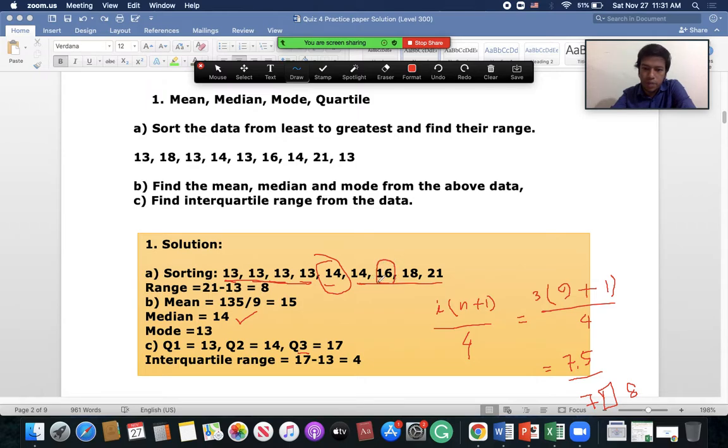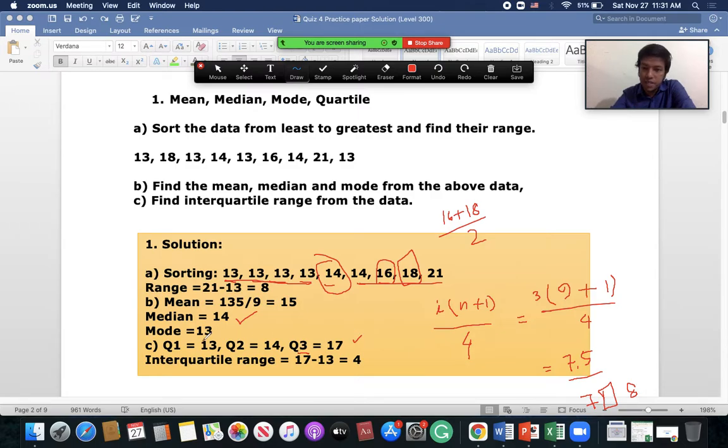So this is the 7th number, then the 8th number is 18. So 16 and 18 are here. What is the in-between number or middle number of 16 and 18? You find it like 16 plus 18 divided by 2. Or actually you can see 17 is in between. So 17 is the answer here.